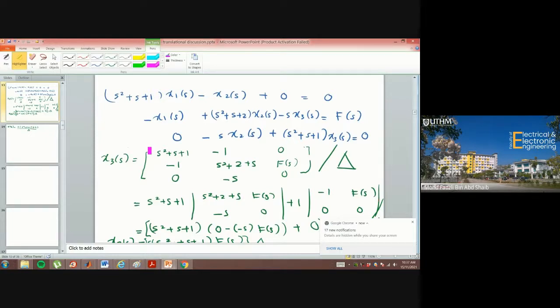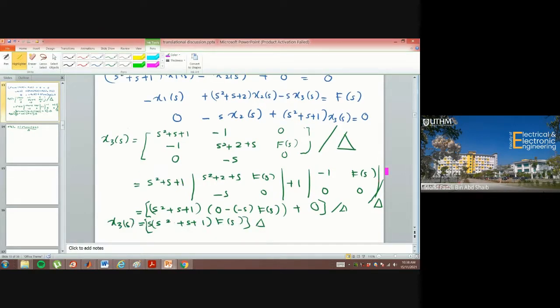X3(s) equals, we copy everything: s squared plus s plus 1, this one minus 1, 0, this one minus 1, s squared plus s plus 2 here, and minus s. To find x3, we need to copy the end of it: 0, F(s), 0 over the determinant. And we solve this problem.